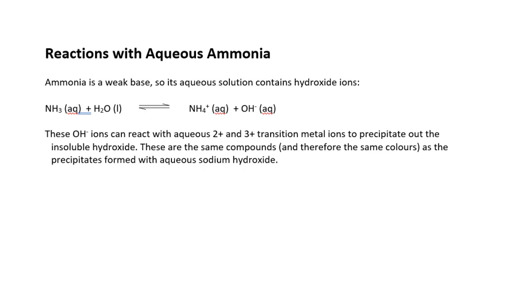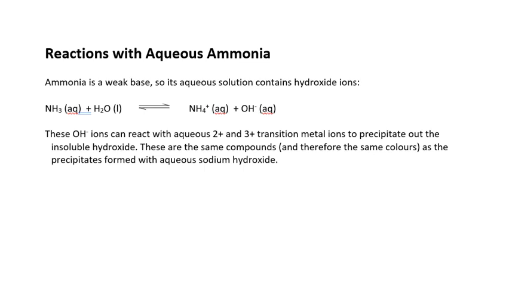So, of course, the first thing ammonia can therefore do is cause the hydroxides to precipitate out in the same way that sodium hydroxide would. So you get the same precipitates and therefore the same colours formed when you add ammonia to any of these hexa-aqua ions.